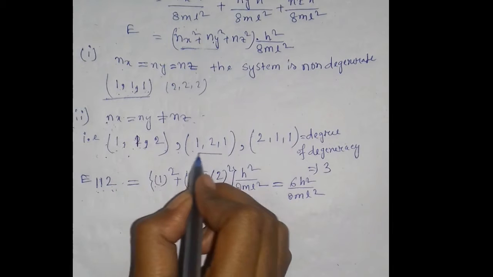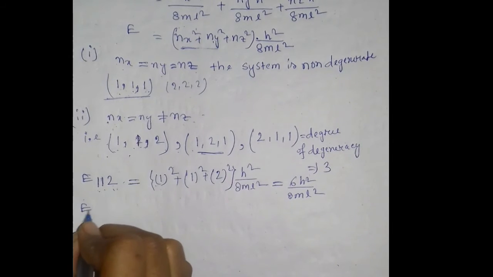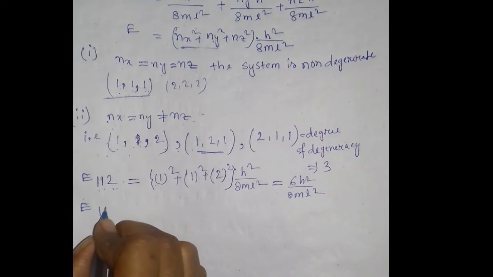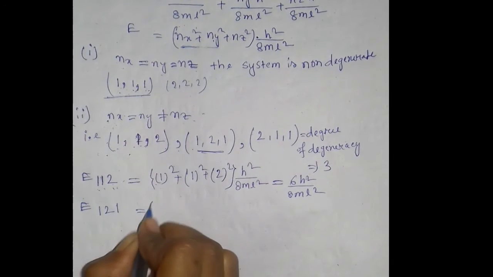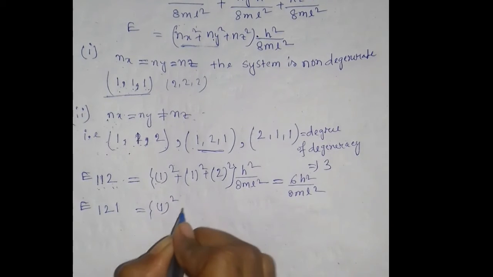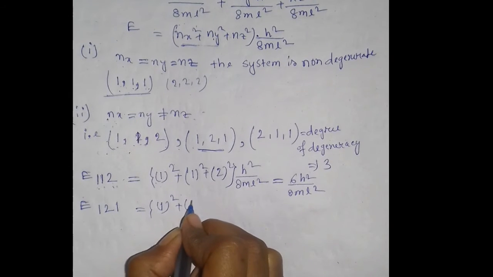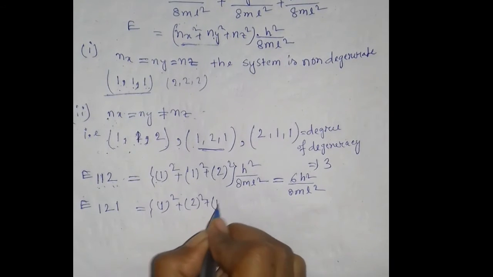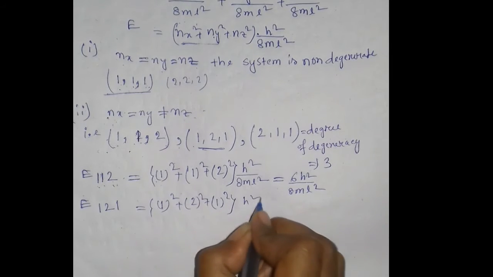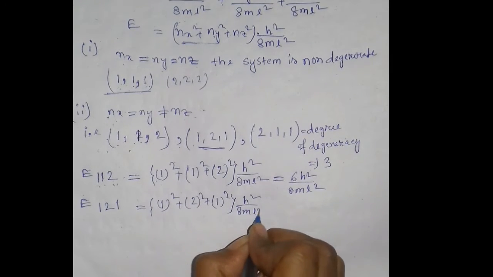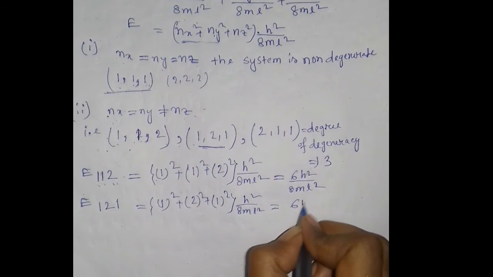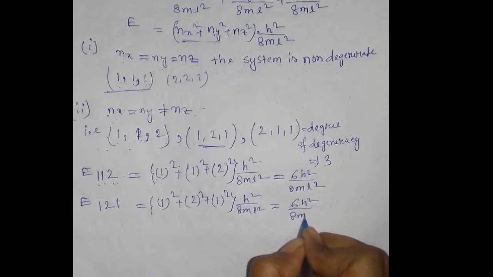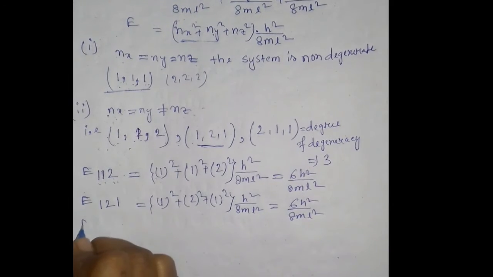If we calculate for the orientation E121, where nx is 1, ny is 2 and nz is 1, then we get the energy 6h square by 8m L square.